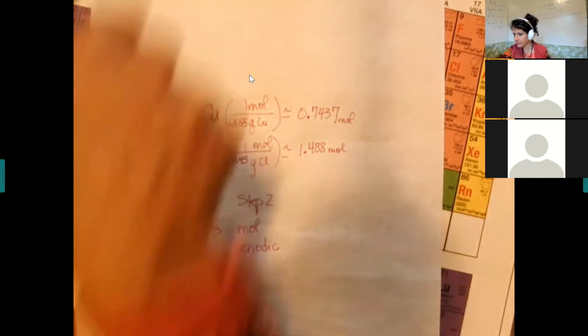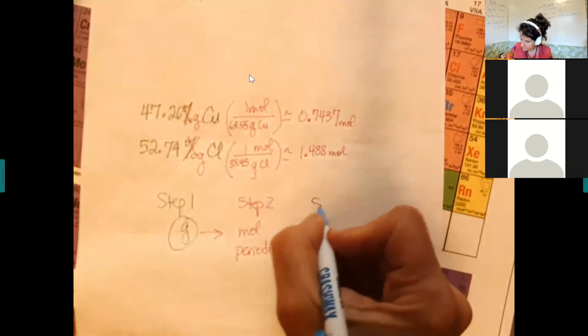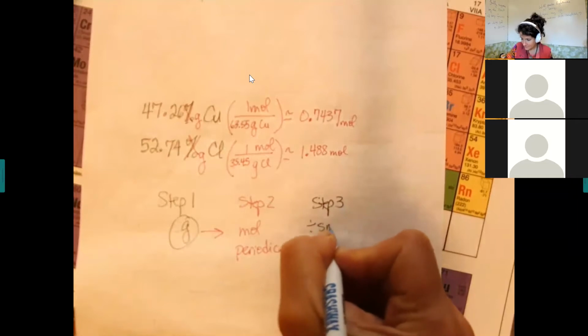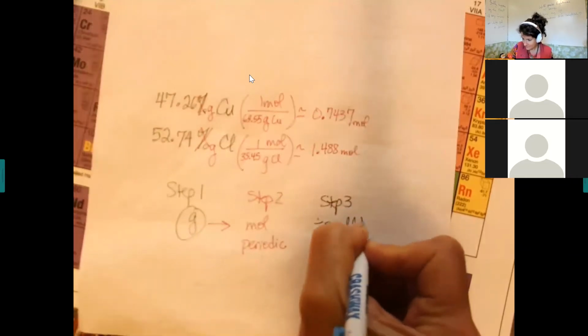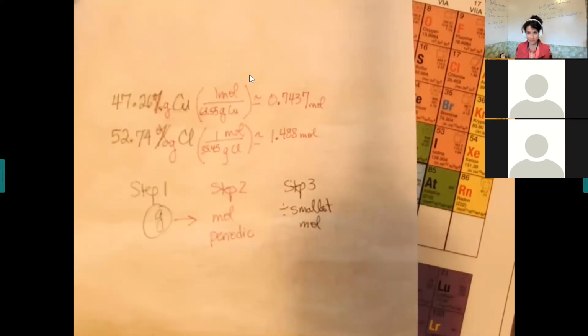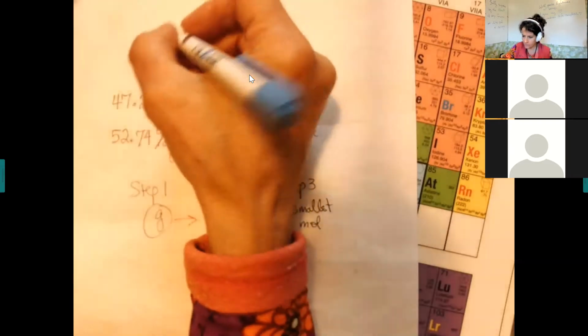So step 3, we have colors, is divide by the smallest. What we're trying to do with empirical formula is find the subscripts. And the subscripts are always whole number ratios. So we're trying to find the whole number ratio.